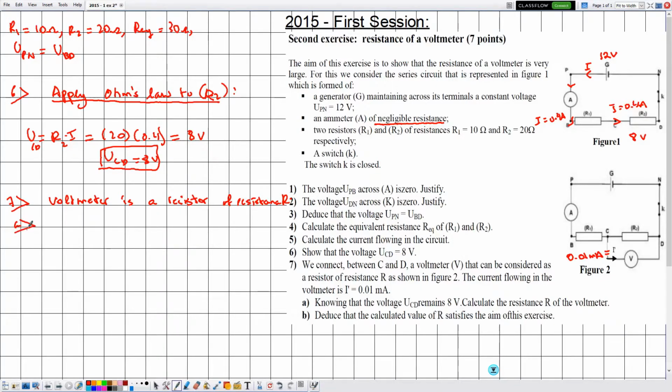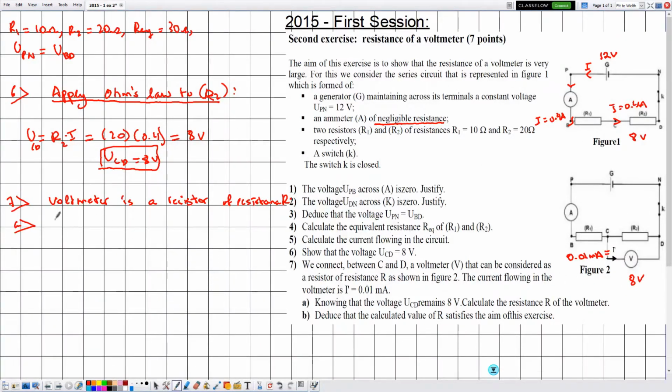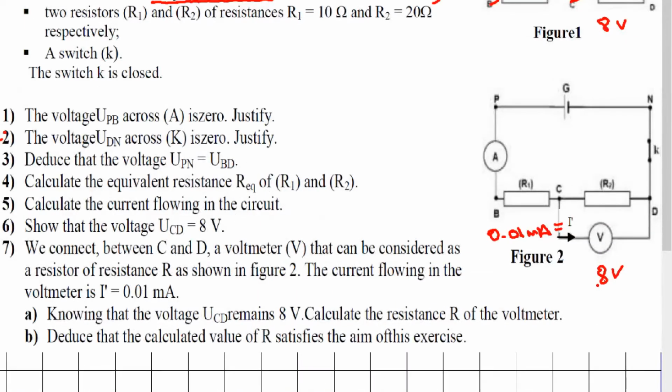Now in part A, knowing that the voltage UCD remains 8 volts, which is across the resistor R2 and the voltmeter, calculate the resistance R of the voltmeter. Then we need to calculate the resistance R of the voltmeter, and this can be done using Ohm's law. Here we are applying Ohm's law to the voltmeter.